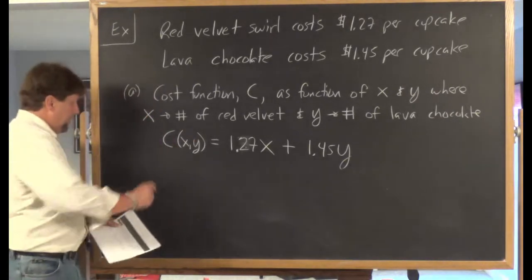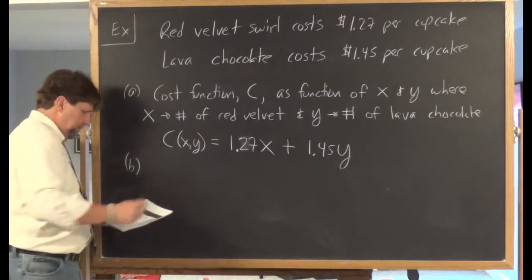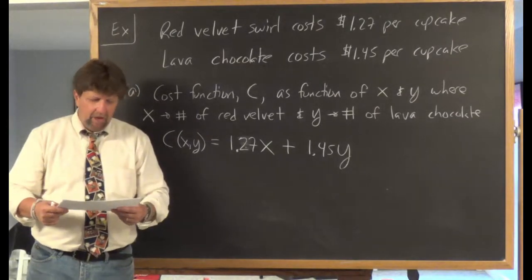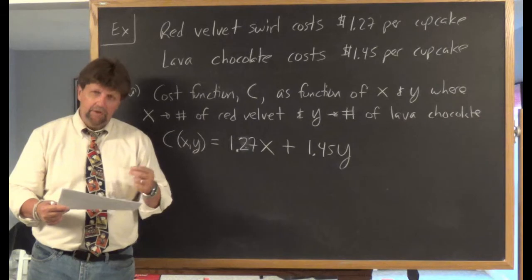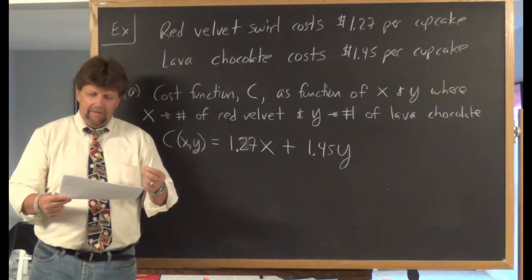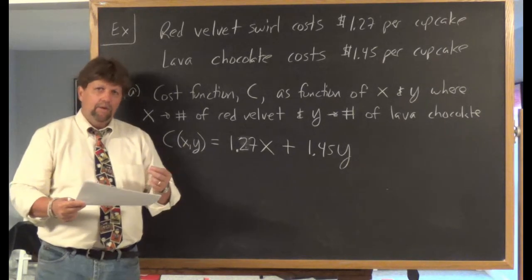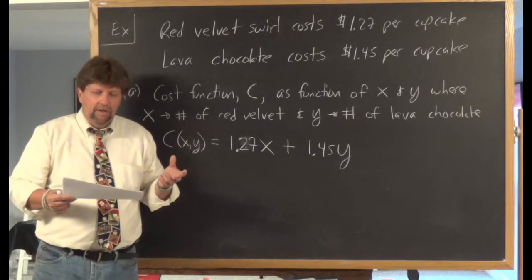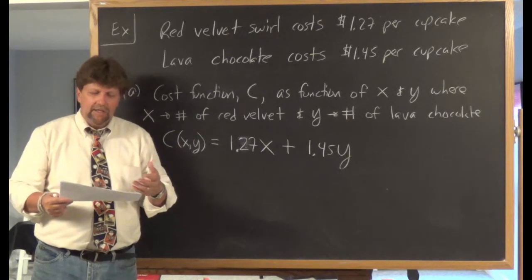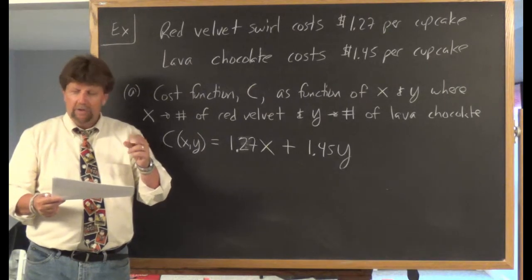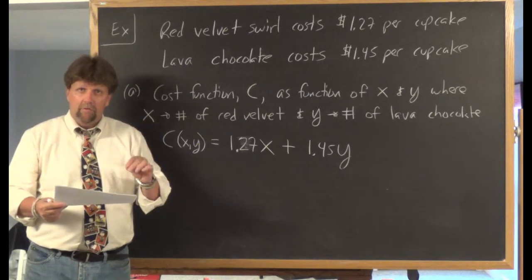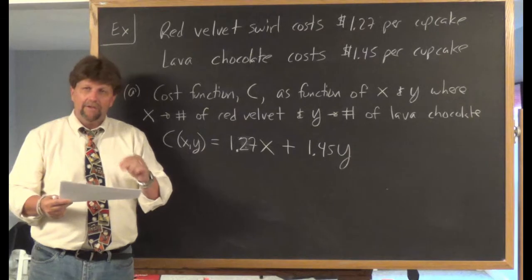Then in part B, we're asked how much does it cost to make 1 dozen red velvet swirl and 2 dozen lava chocolate cupcakes? Well, 1 dozen would be 12. So really you're being asked, how much does it cost to make 12 red velvet swirl and 2 dozen, that would be 24, so 24 lava chocolate.